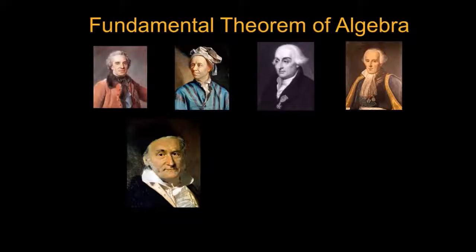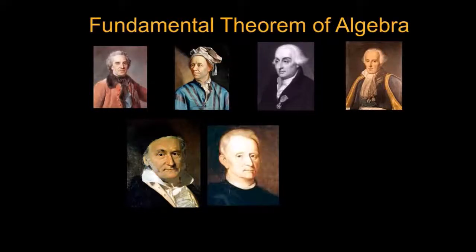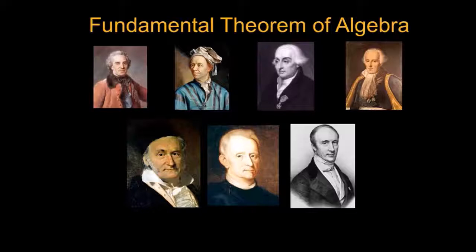So Gauss had multiple proofs, and it does turn out later on that people found that Gauss had some implicit gaps in his reasoning as well. Those gaps were later filled, so Gauss's arguments still kind of worked, but they weren't complete. Argand actually published the first complete valid proof in 1806, and it was used by Cauchy in a textbook in 1821, though Cauchy did not actually give a citation to Argand.